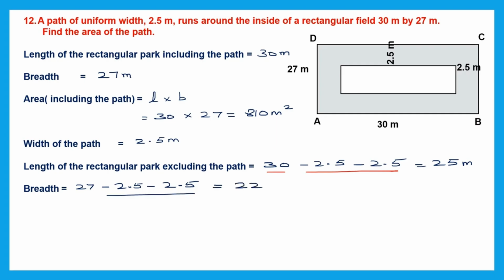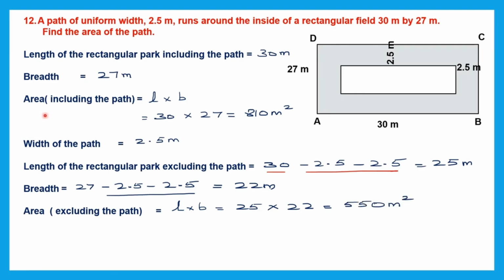So we have the breadth, which is 22 meters. So now we have the length and the breadth. We can find the area excluding the path, that is length into breadth, which is length is 25 meters, breadth is 22 meters. So when we multiply these, 25 into 22, we get 550 meters square.